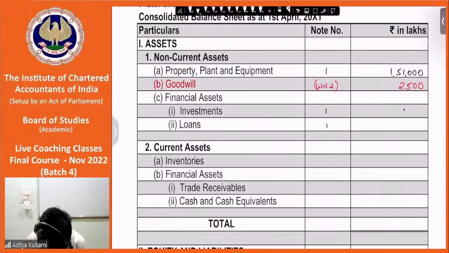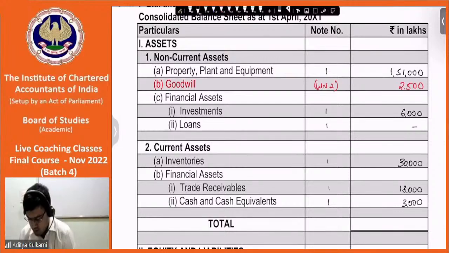This was 6,000. Loans became 0. Inventories were 30,000. Trade receivables 18. And cash equivalents 3,000. 18, 3, 21, 30, 51, 6, 57, 2 lakh 7, 2 lakh 8, 2 lakhs 10,500.